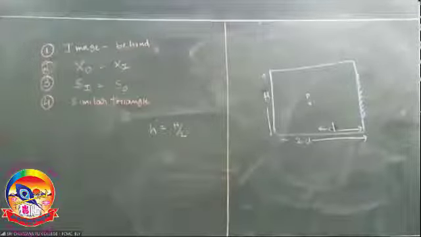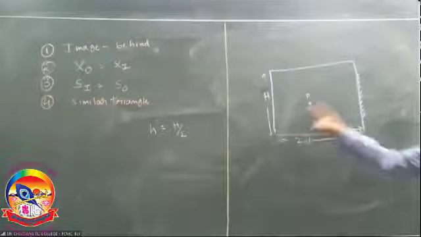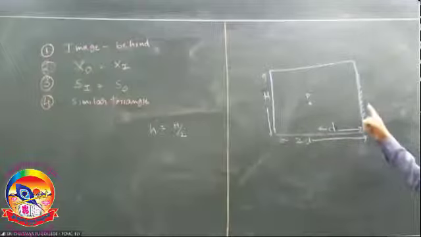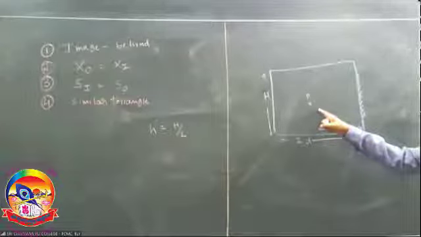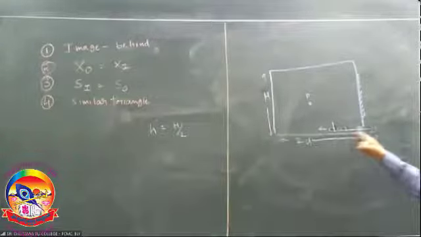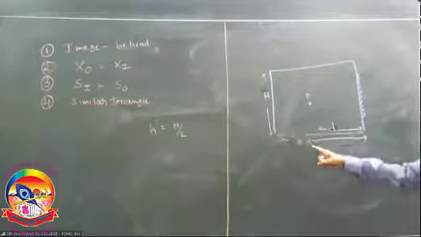Once again, I am explaining the concept. There is a room with two walls. The person is standing at the middle of the room. Imagine the room in 2D.